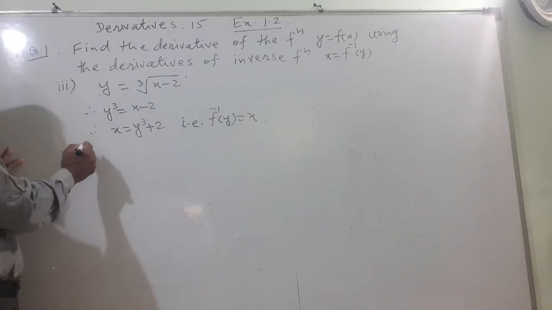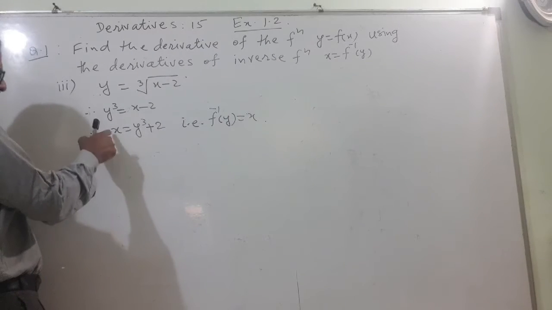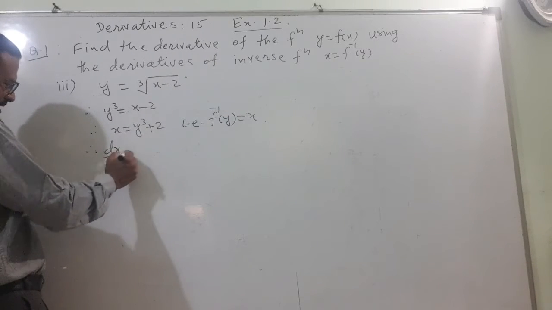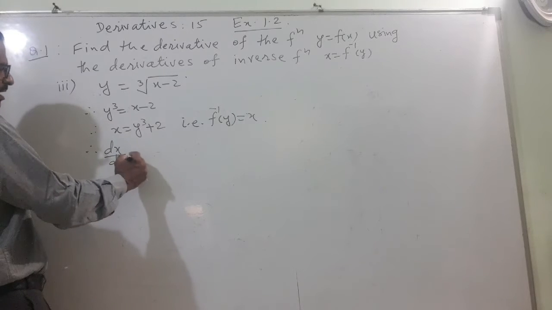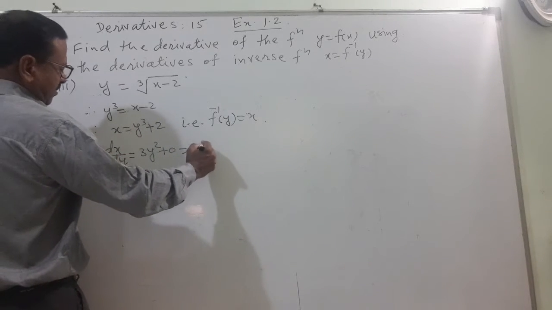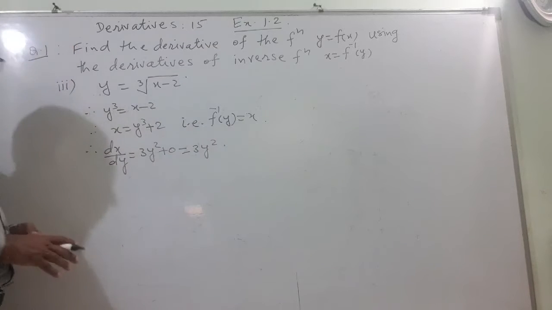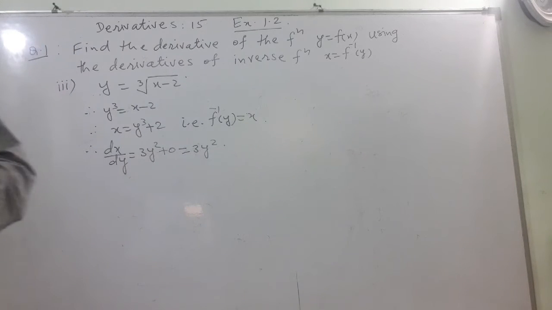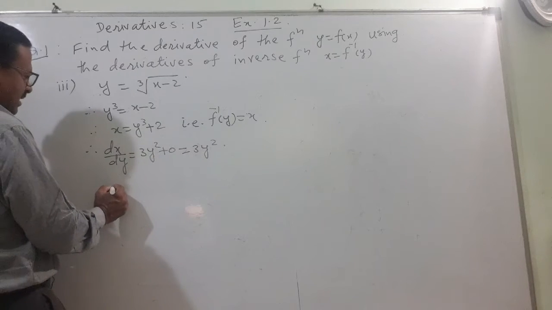Now I will take the derivative. Therefore, dx by dy is equal to 3y square plus 0, and that is nothing but 3y square. So what they want, that is also we have to think. Dy by dx they want.